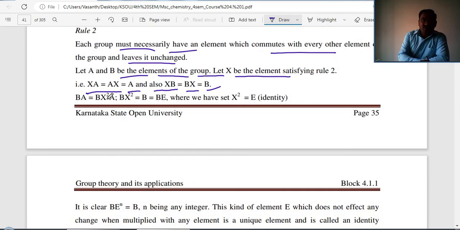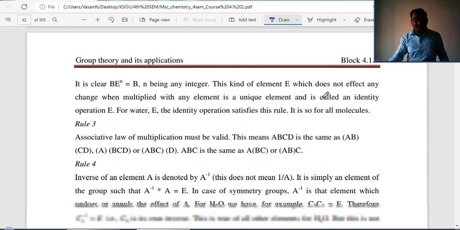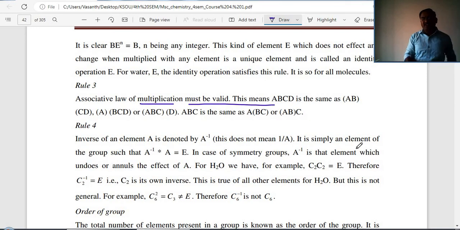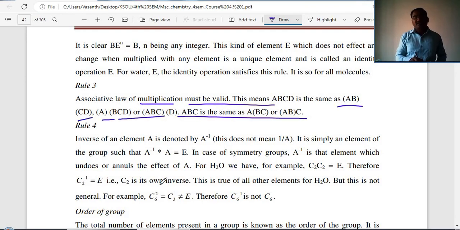Here x squared is what? That is the identity element. In rule 3, the associative law of multiplication must be valid. This means (AB)C is the same as A(BC). This is the form of the associative law of multiplication.